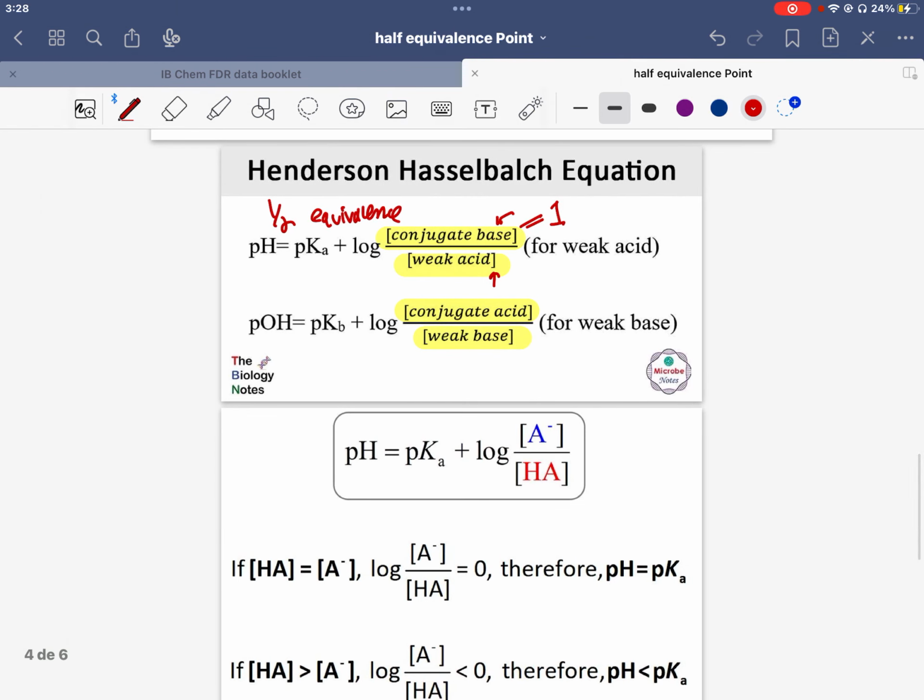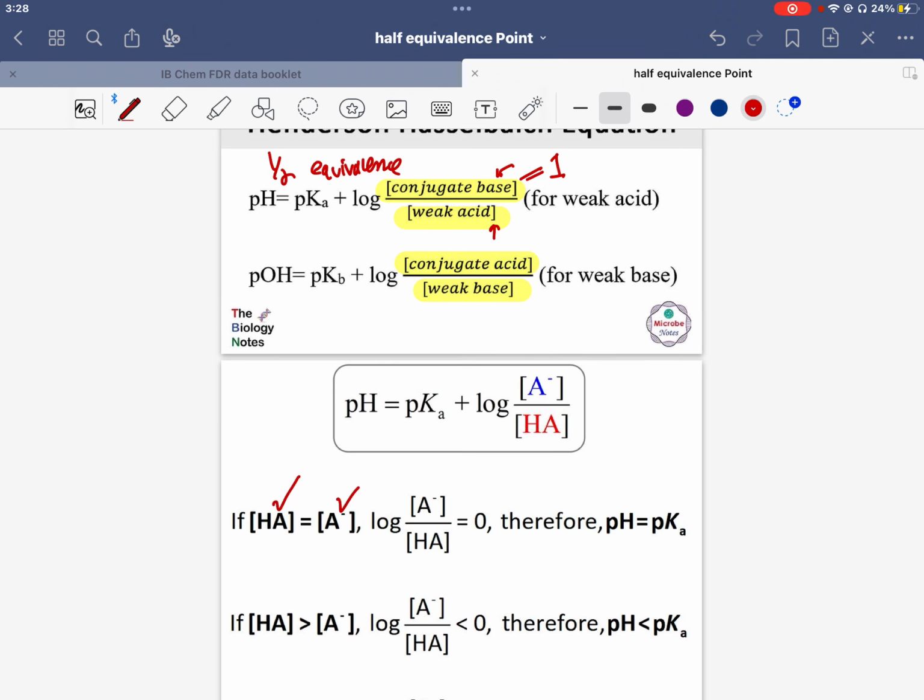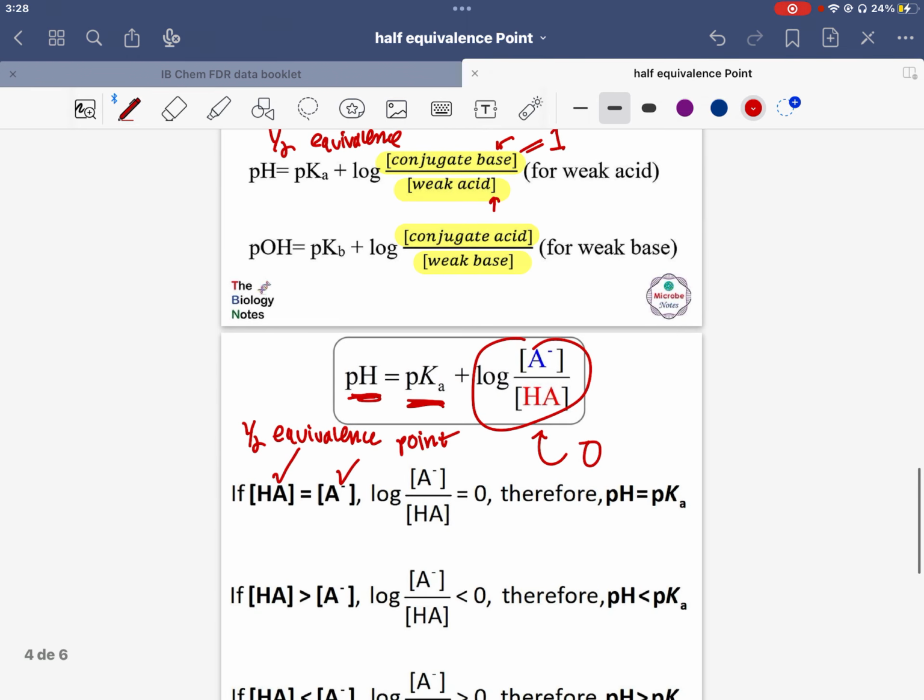So that means that if the concentration of acid is equal to the concentration of base, which happens at the half equivalence point, well, then this term becomes 0 and pH is equal to the pKa. And that's going to be true regardless of what situation you're looking at.